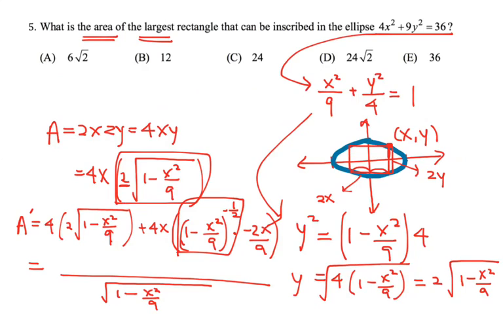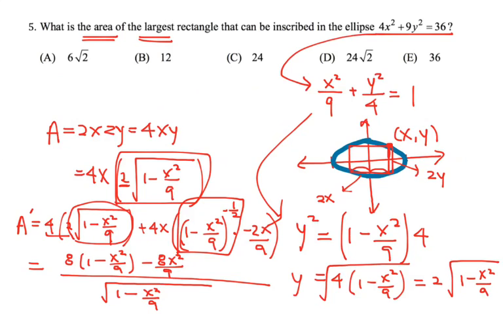Then on the left side it simply becomes 8 times, from 4 and 2, and this one has to be multiplied by itself, so we end up getting 1 minus x squared over 9. And then on the right side we end up getting minus 8 x squared over 9. That's basically what we end up getting.